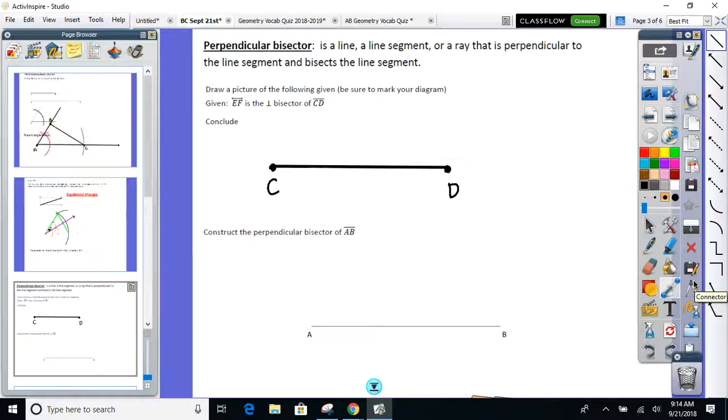And what's cutting it in half? EF, but, hey, it can't cut it in half like that. Why not? It's got to be perpendicular. So let's take line EF and cut that sucker in half.